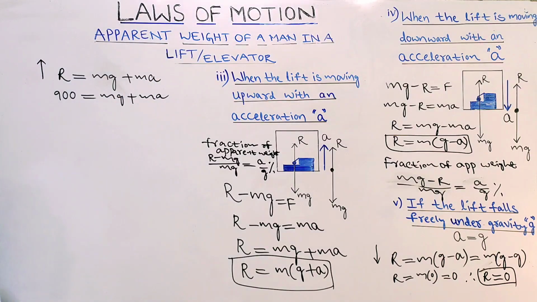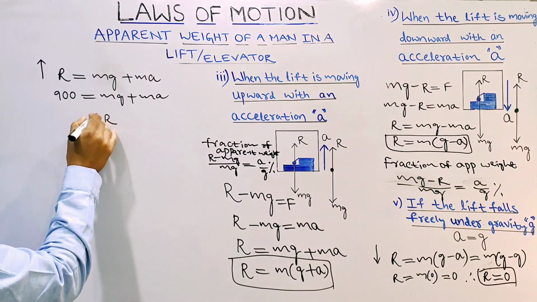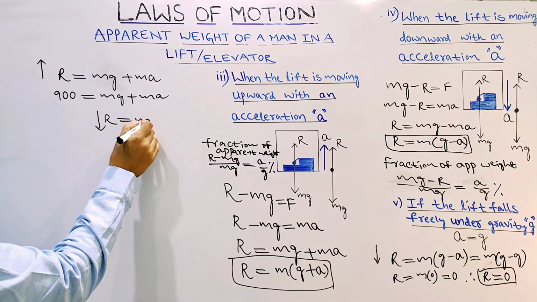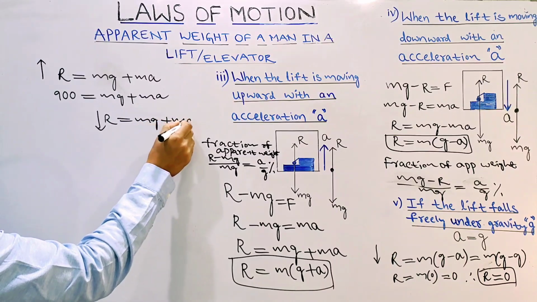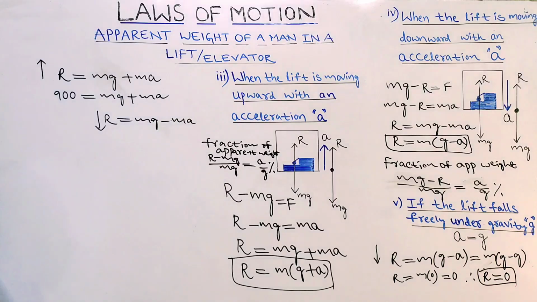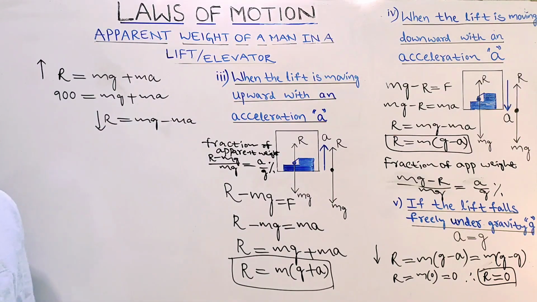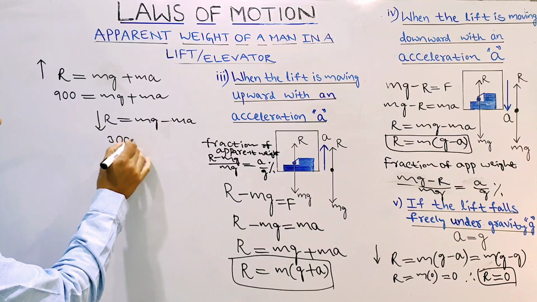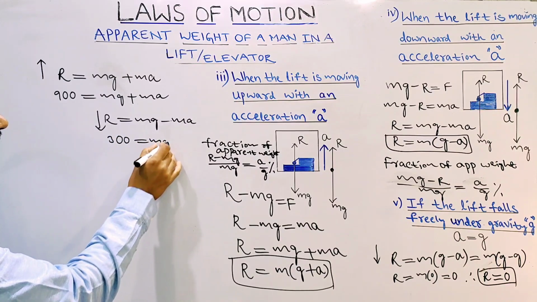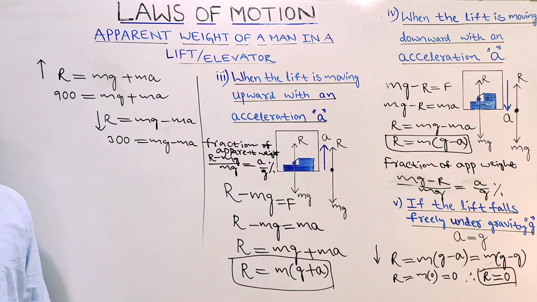Next, the lift is moving downward, so R equal to mg minus ma. The R value given is 300 newtons. 300 is equal to mg minus ma.